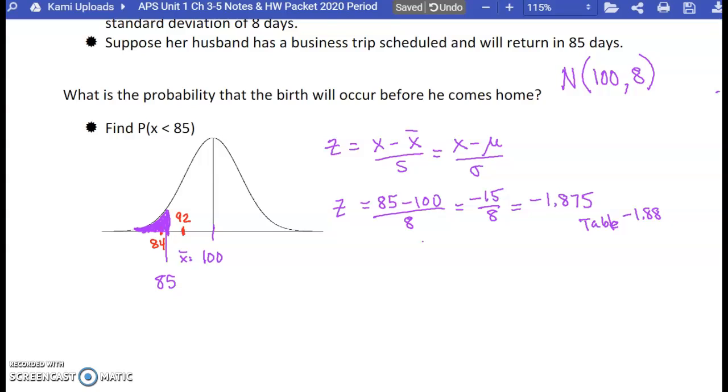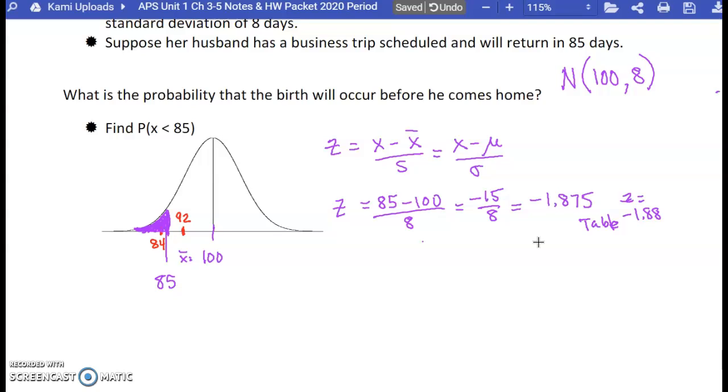Another way you could use the table is to look up the values at negative 1.87 and negative 1.88 and take the middle of those two. For what we're doing, we'll just round it and use that value. You should also not be surprised that it's a negative value because it is below the mean.